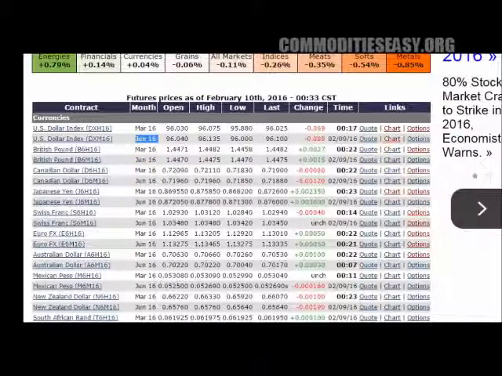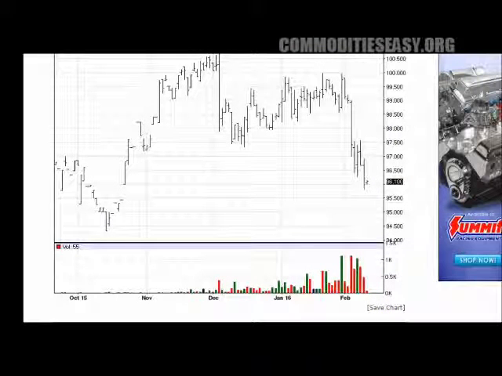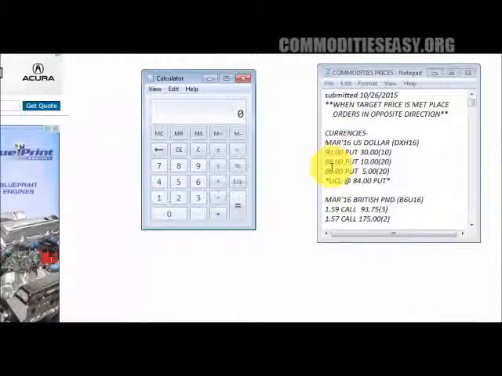So first things first, you want to go to the chart, which is right here. You want to get a barometer as far as where you want to set up a low number and a high number, so you can price some of the options in between those numbers and get a good fix on where to get in the market and when to get out.